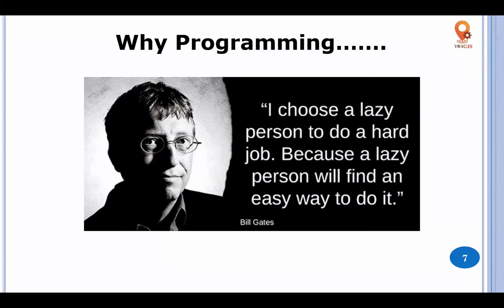But if you give this work to the lazy person, definitely he will find a way to do the same job in 15 or 20 minutes. That is the magic of programming, of development.